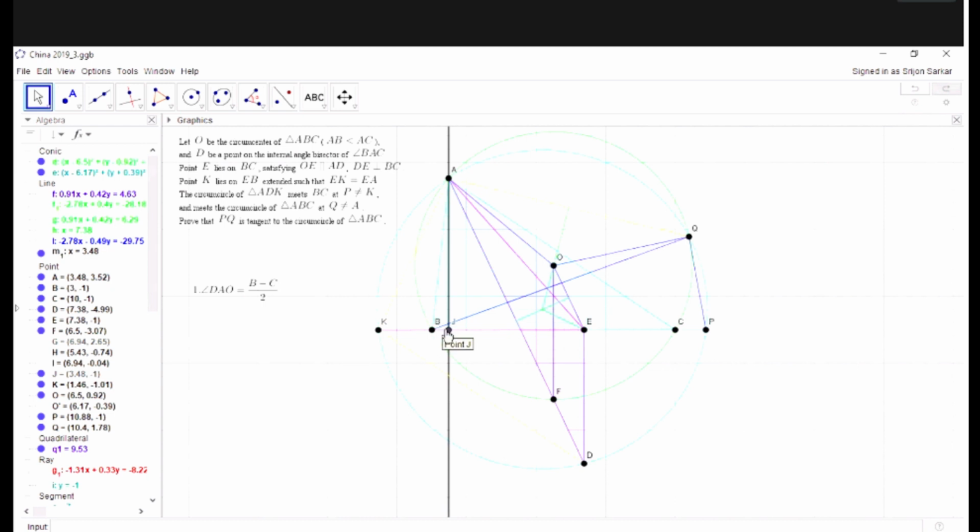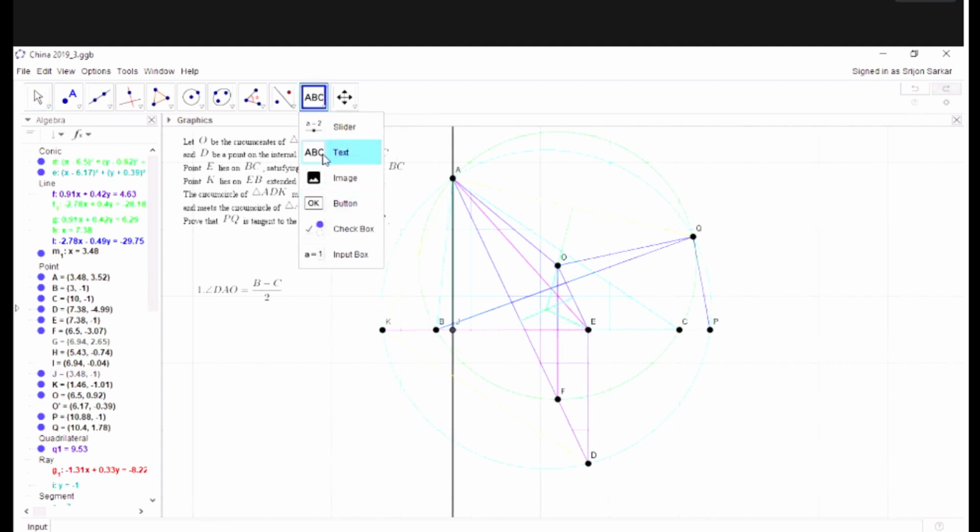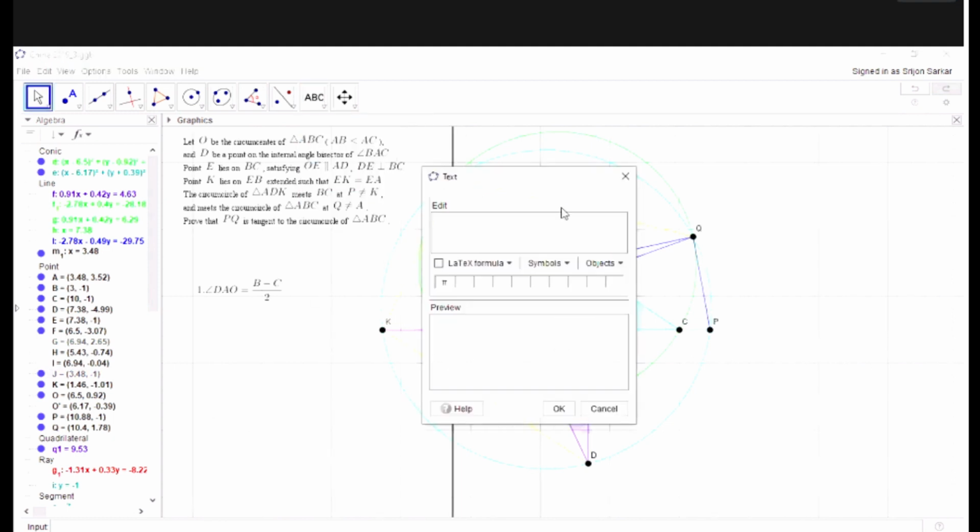Now to compute DAO or FAO, whatever you say, because they lie on the same line, I have defined the point F. So you will calculate FAO considering twice the angle LJ. Okay, let me write this text.